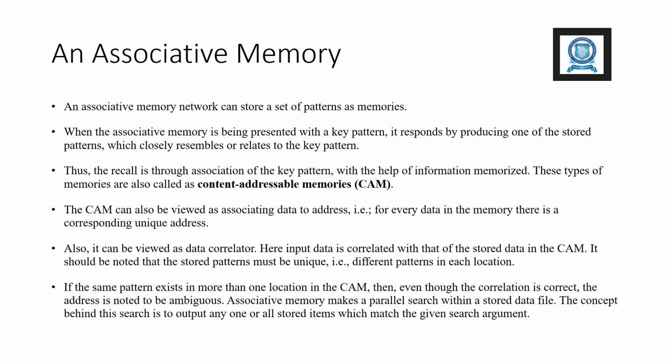If the same pattern exists in more than one location in the CAM, then even though the correlation is correct, the address is noted to be ambiguous. Associative memory makes a parallel search within a stored data file. The concept behind this search is to output any one or all stored items which match the given search argument.